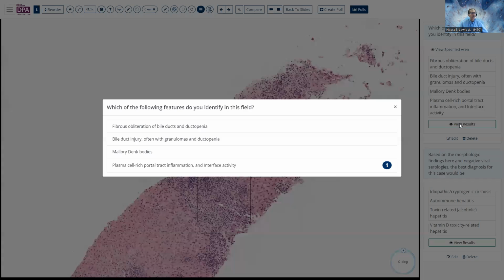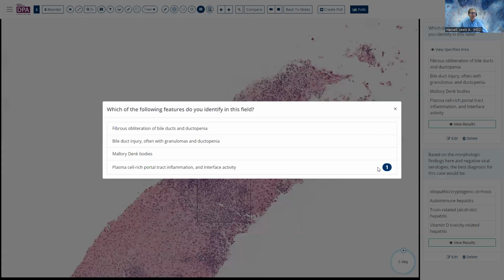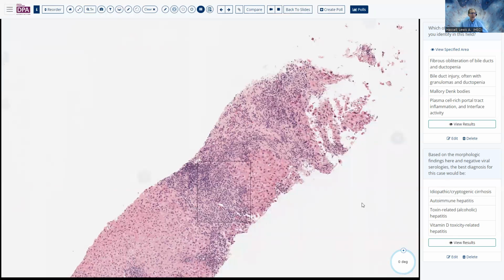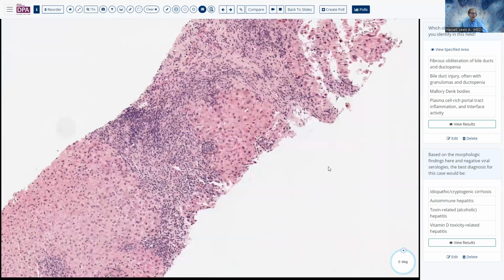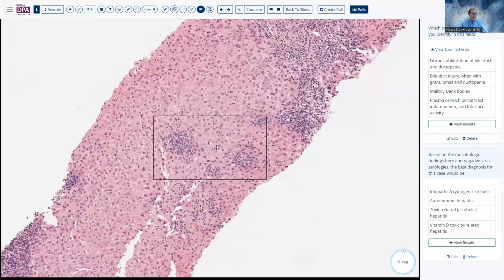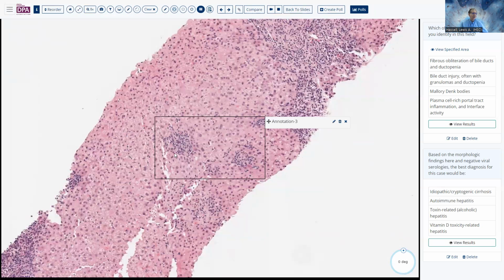And so which of the following, let's go to this, do you identify in this field? Plasma cell-rich portal tract inflammation and interface activity. That was that first question. And then we'll go to the next field. There you can see more of this plasma cell-rich inflammatory process here. And then one more. It even involves the lobules as well.